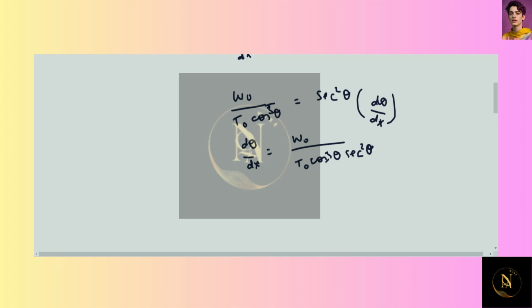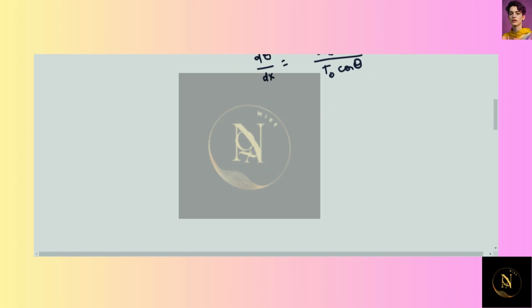As you know that cos and secant are inverse of each other, so this becomes d theta over dx is equal to w_0 by T_0 cos theta. So from here dx can be written as T_0 over w_0 cos theta d theta.